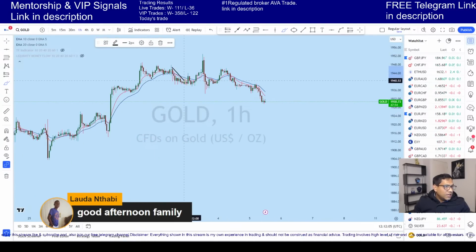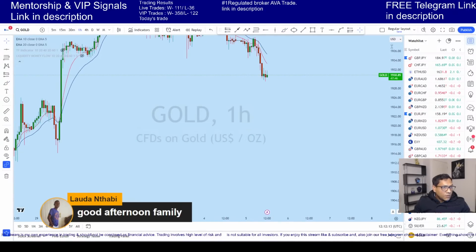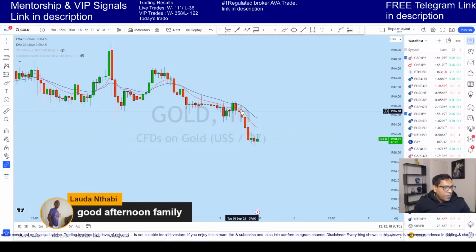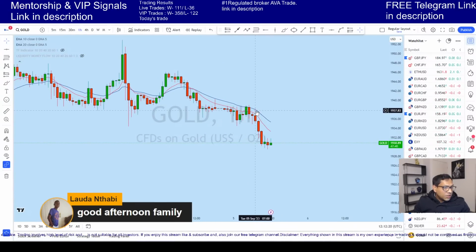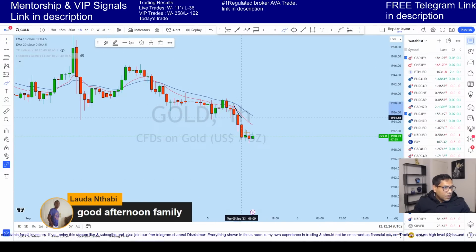So you can see that in that zone there is a reversal pattern, and from that reversal pattern we have seen gold drop. This is the 1 hour chart. After crossing the 20 MA on the 1 hour, gold had a drop.